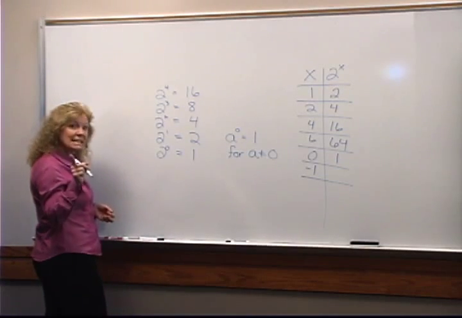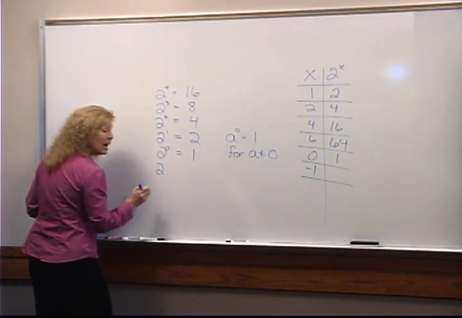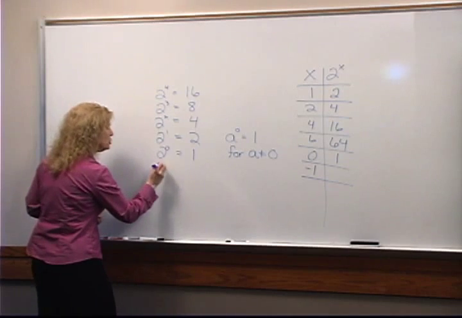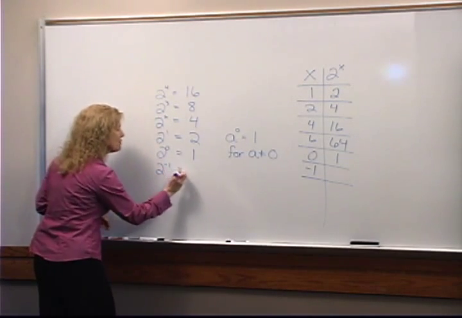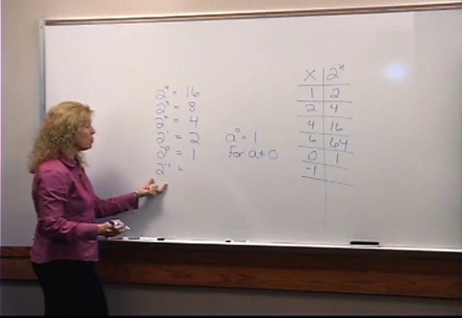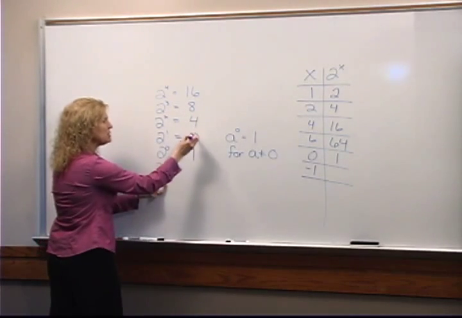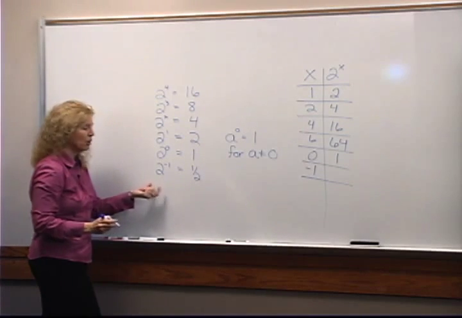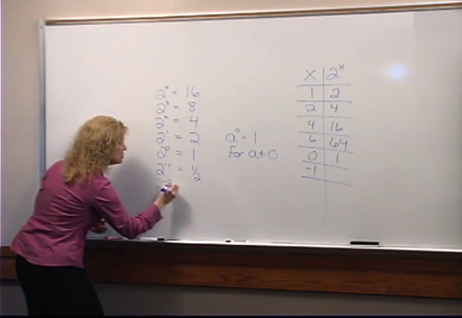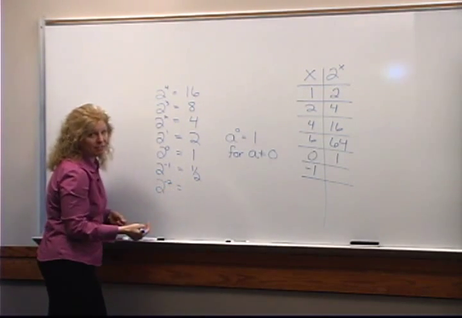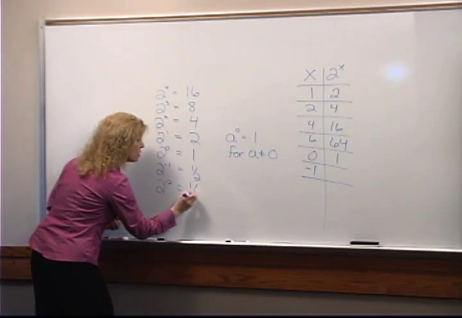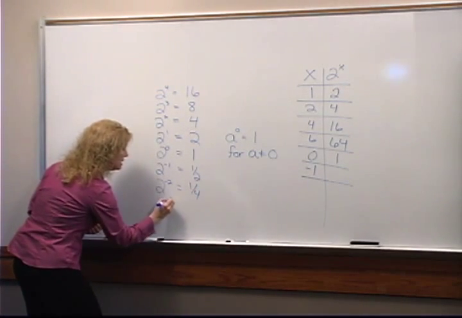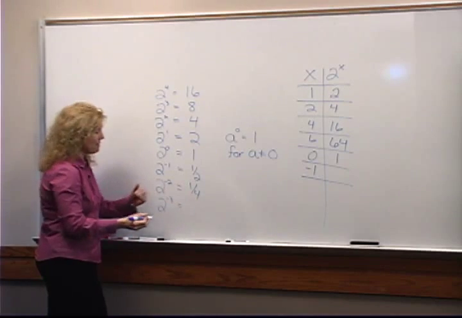But now let's continue this pattern. We divide by 2. You're subtracting exponents, and we get 2 to the negative 1, and over here we're still dividing by 2, we get 1/2. And then 2 to the negative 2 would be half of half, which is a 4th. And 2 to the negative 3 would be half of a 4th.